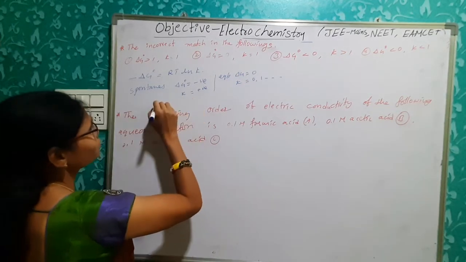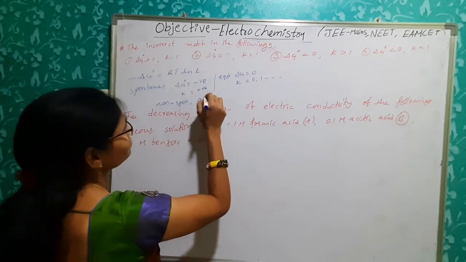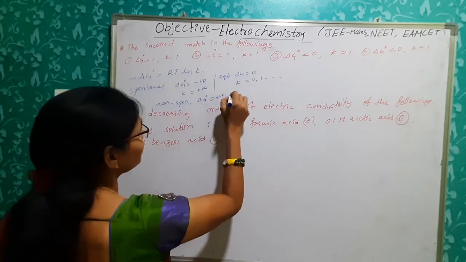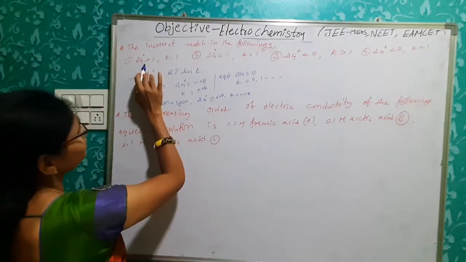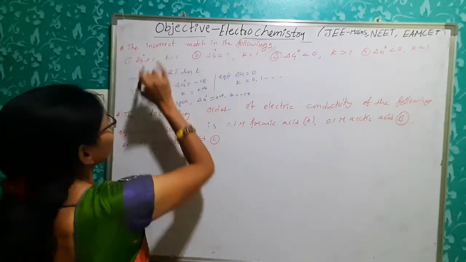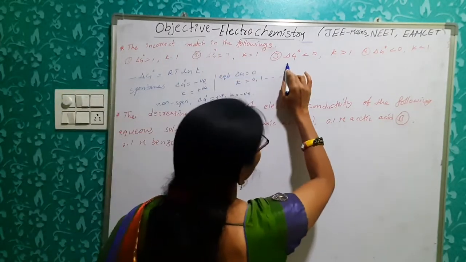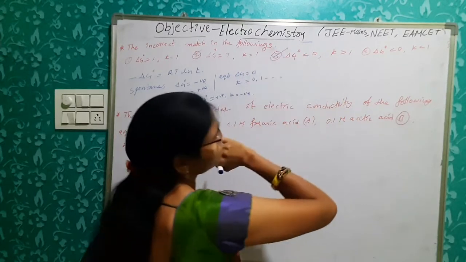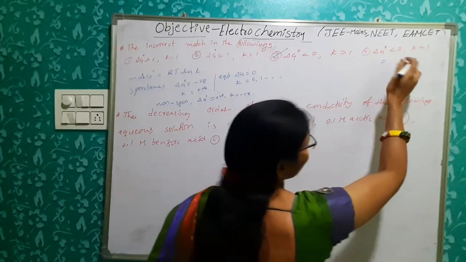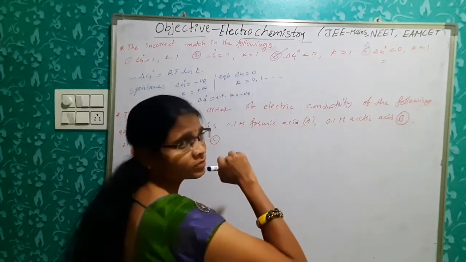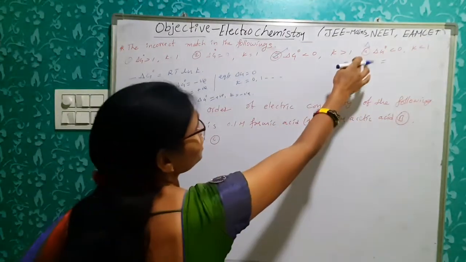For non-spontaneous reactions it is the opposite, delta G naught is positive and K is less than 1. So simply opposite. Here delta G is positive, this is negative, this is correct. Delta G 0, this is positive, this is also okay. But both have the same sign, both negative, so this is not possible. They have to be opposite. So that is the incorrect match.